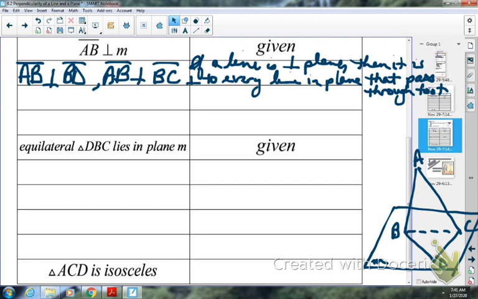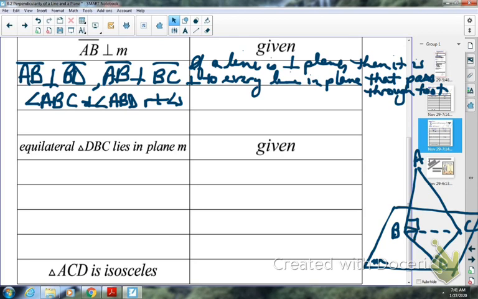Okay, and so that's our main idea again for today, what it means for a line to be perpendicular to a plane. And again, if we have perpendicular lines, then we have right angles. So we can state next that angle ABC and angle ABD are right angles. Okay, so we have two right angles there.